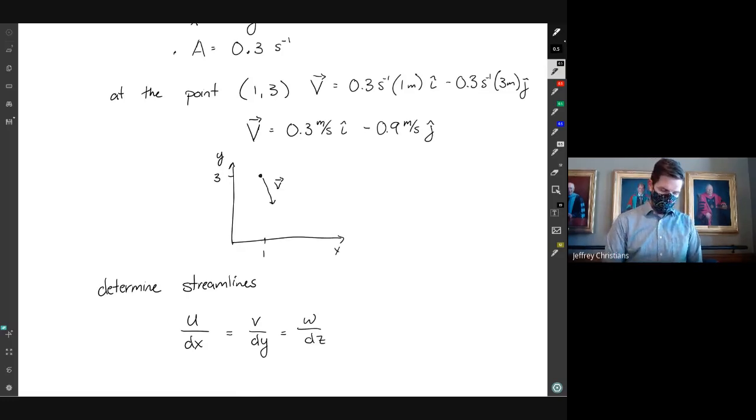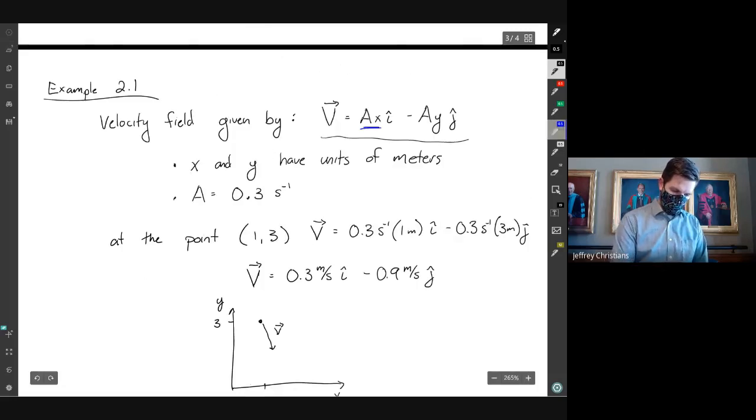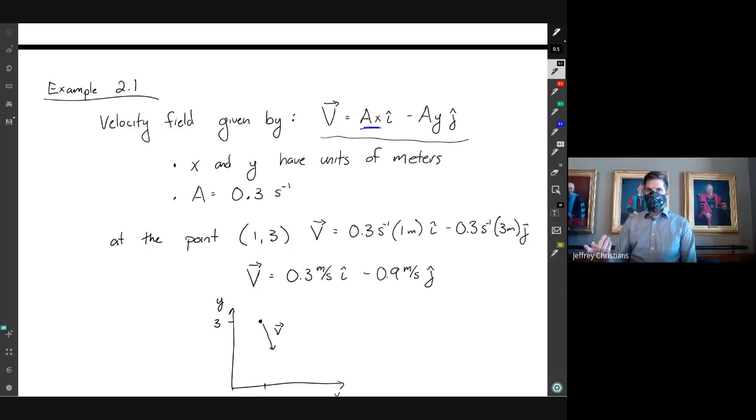This is our equation for our flow. Our flow is pointing in both the X and Y direction, and it's also changing in both X and Y. So this is a two-dimensional flow.